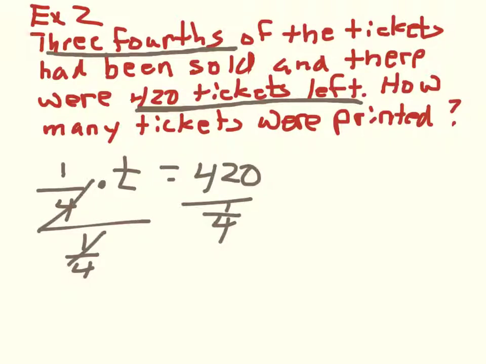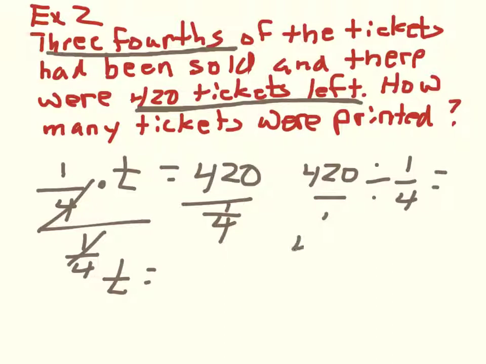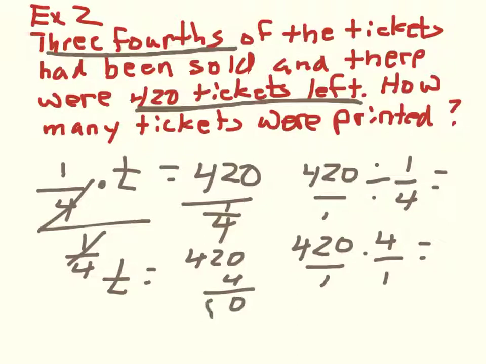And they cancel. So 420 divided by 1/4, or in other words, 420 times 4/1. So we take 420 times 4, and 1,680 tickets were printed.